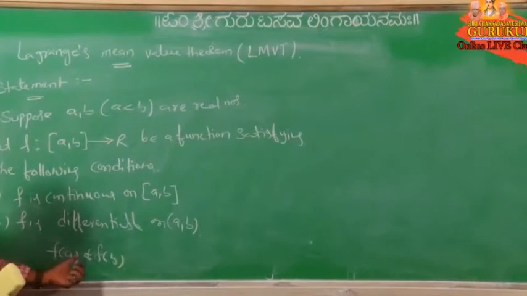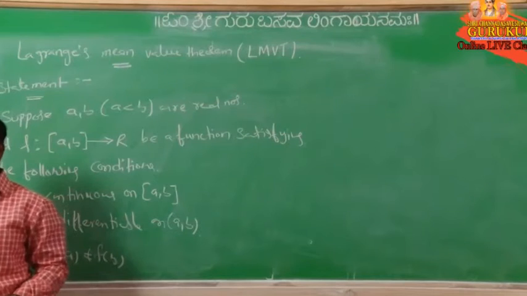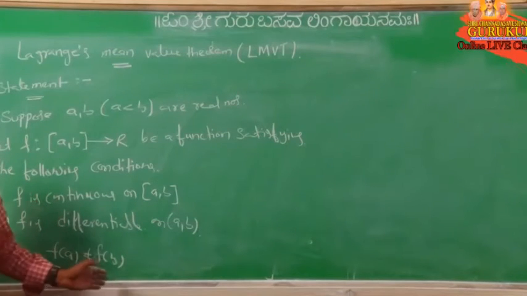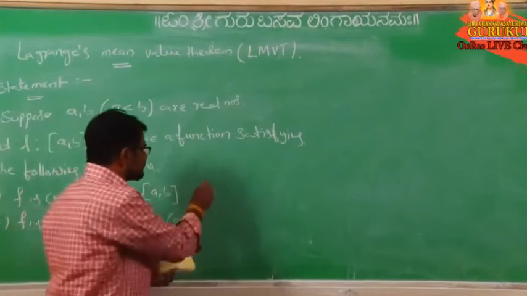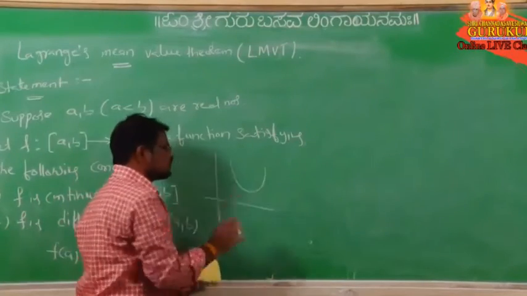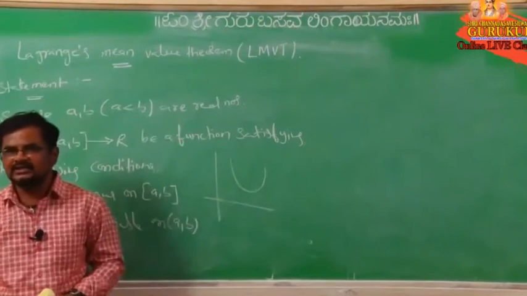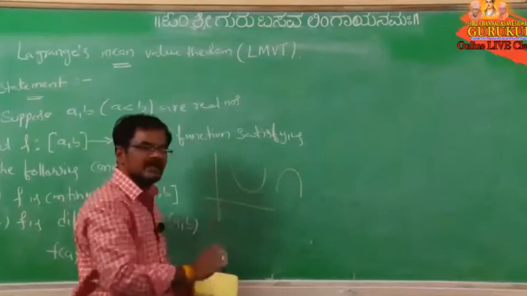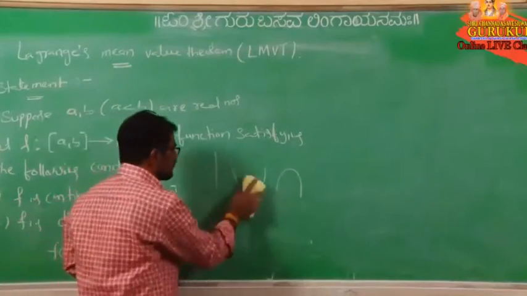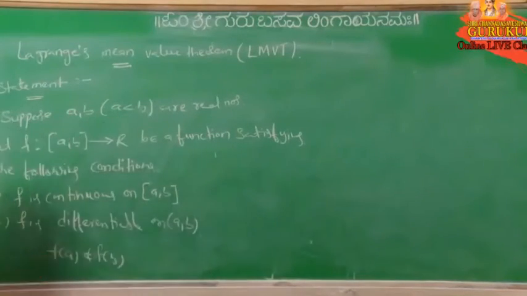In Rolle's theorem you took f(a) equal to f(b). Here f(a) is not equal to f(b). If f(a) equals f(b), the curve should definitely take one U-turn, like this or like this. But here no need. f(a) is not equal to f(b). Right?